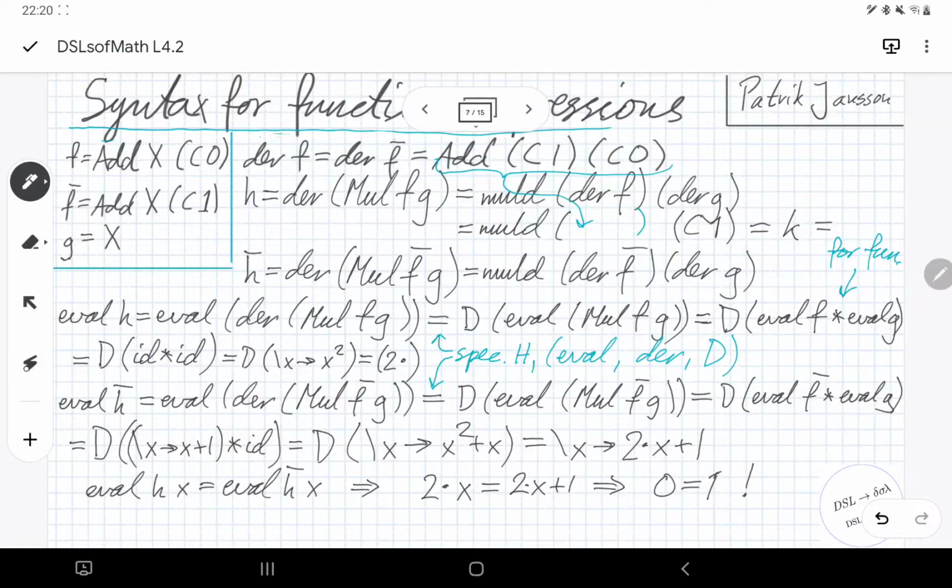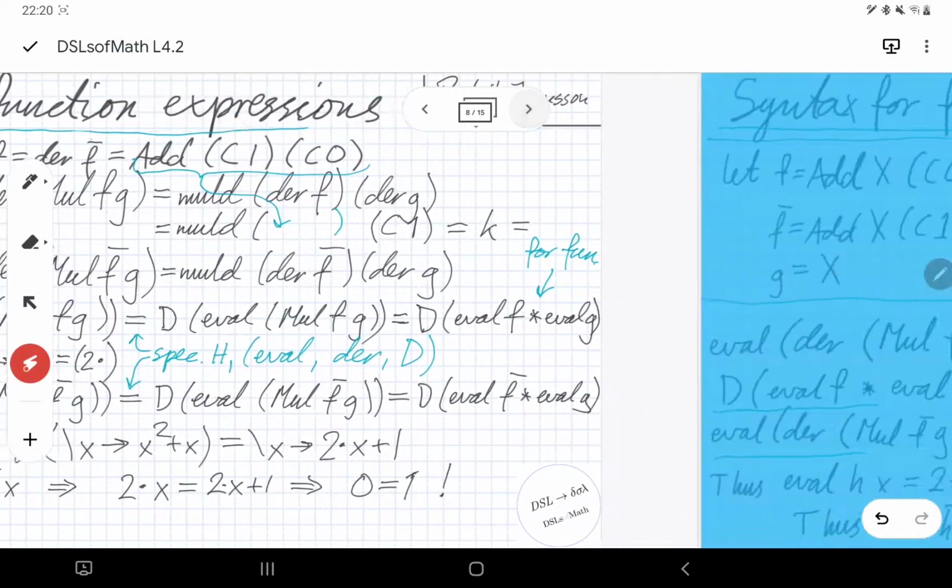So by assuming that there exists any mul d, without requiring anything of its result other than that for every concrete pair of arguments it's some kind of syntax tree, and the specification that eval should implement, that der should implement derivative d, that assumption is falsified by showing that it leads to a contradiction.